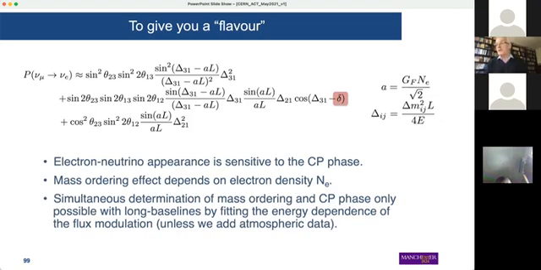This will work particularly well if our baseline is long and we have a lot of MSW effect, because then we can disentangle the effect of the mass ordering and of the CP violation phase.